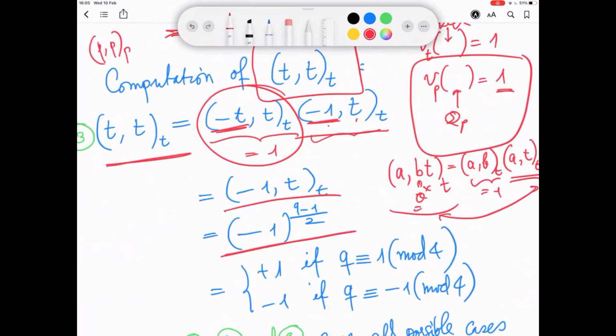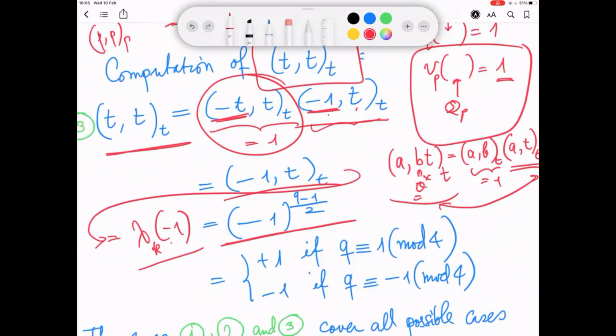I should have written lambda_K of -1 in between. From here, it's lambda_K of -1, which is to say it's equal to 1 if this -1 is a square in K star, and it's -1 if -1 is not a square in K star.